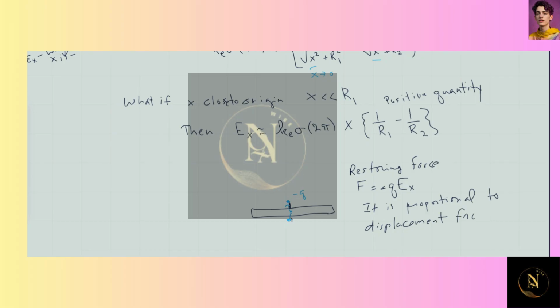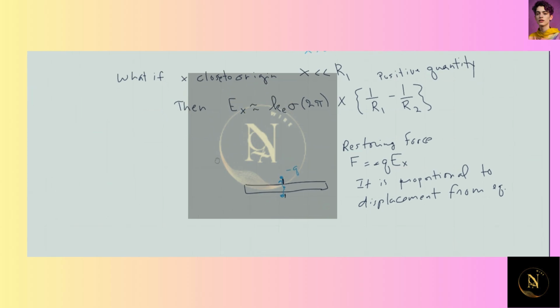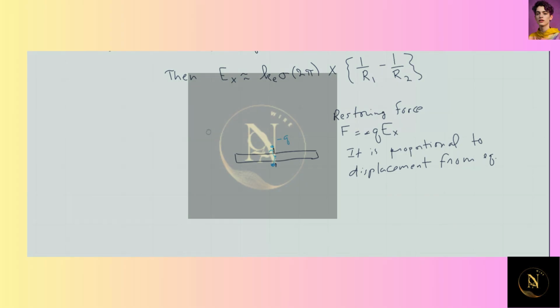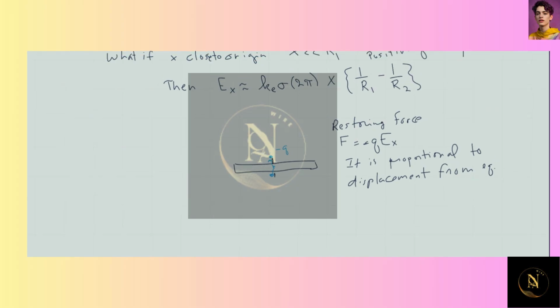And that is the condition you need for Hooke's law to hold. And so the system would make that charge oscillate. So, reminder, Hooke's law: force is equal to minus Ks times x.